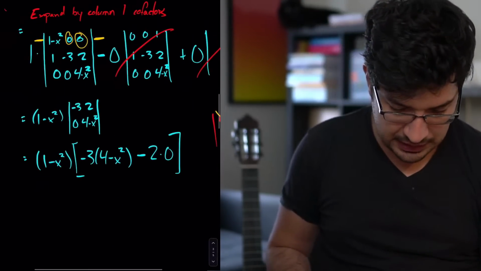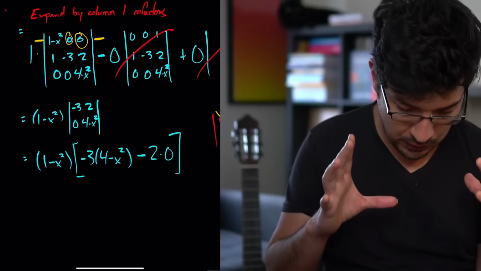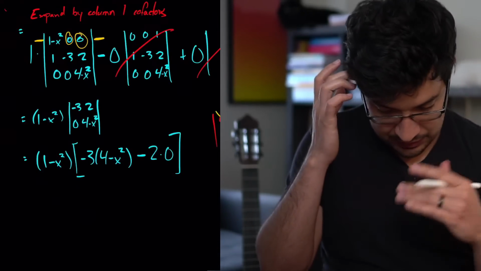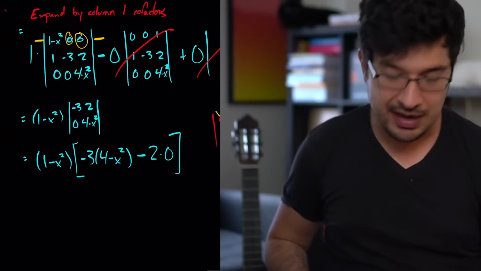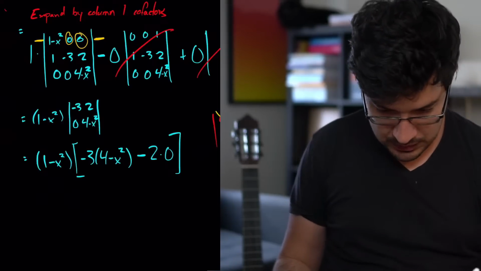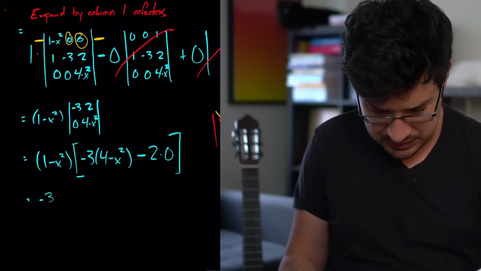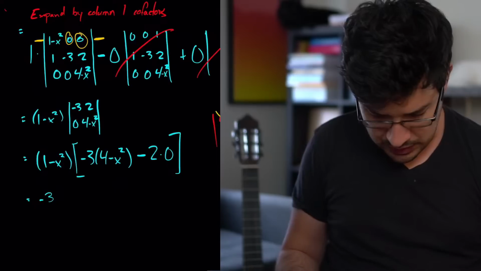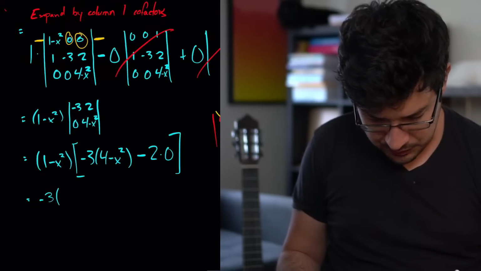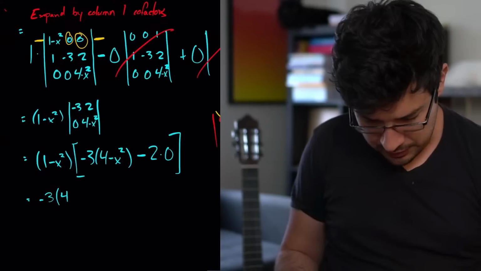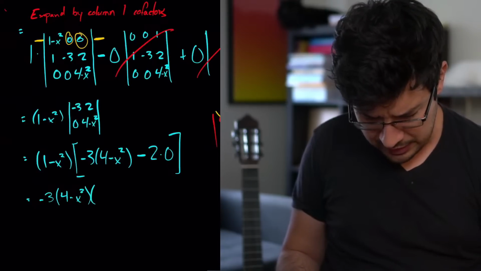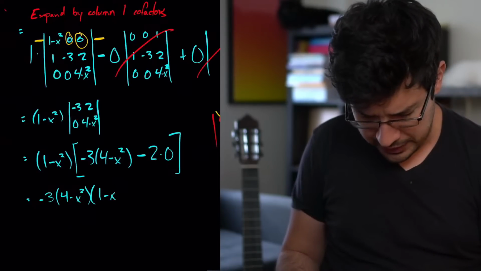So that's what I did here. Minus 3 times 4 minus x squared, and then subtracted 2 times 0. And then we get the answer that's in the back of the book. I think that we took a different approach than what Shilov is recommending, but 4 minus x squared and 1 minus x squared.